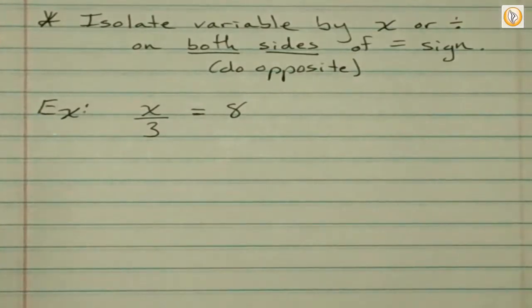X over 3 equals 8. Okay. Here we go. First, who is the cop? The 8-year-old.